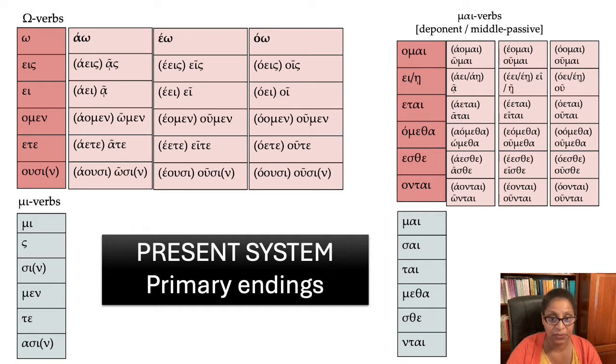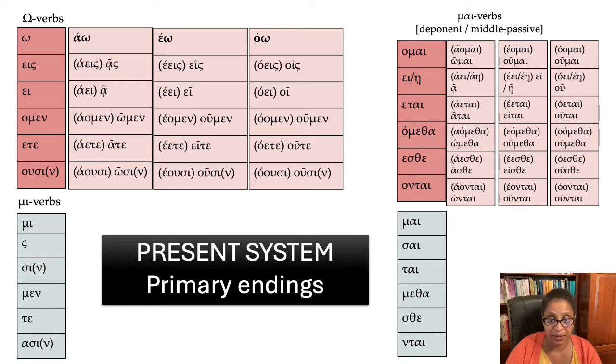And how you know which conjugation your verb is in the present system is by that first principal part. So if your principal part ends in omega, then it is conjugated in the omega group. And so the endings then are o, eis, ei, omen, ete, ousi.